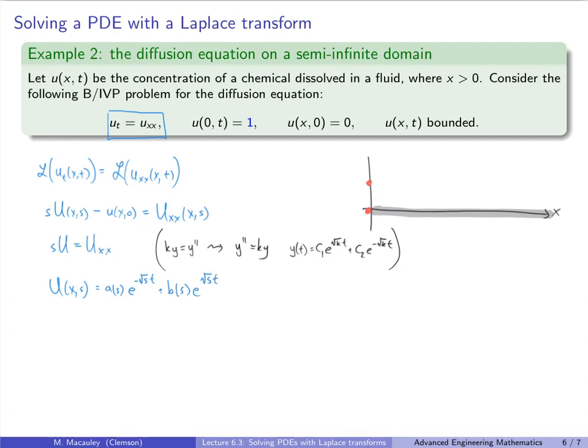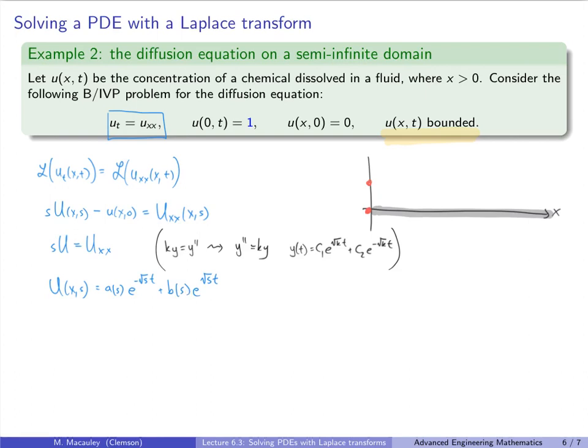And yes, I did switch the order, I put the negative one first, and you'll see why shortly. So once again, it's a little bit distracting, but this is something we're used to. It's just a second order ODE, and the solution is some function of s times e to the negative root s t plus another function of s times e to the positive root s t.